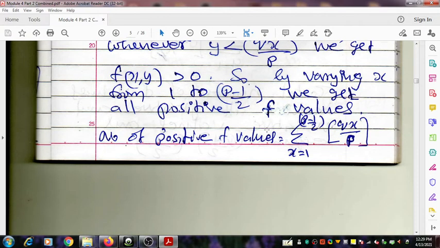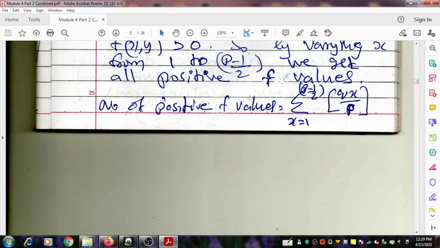We get the total number of positive f values. So the number of positive f values is equal to the summation from x equal to 1 to p minus 1 by 2. This says that we are counting the number of positive values corresponding to each value of x of the quantity qx divided by p.